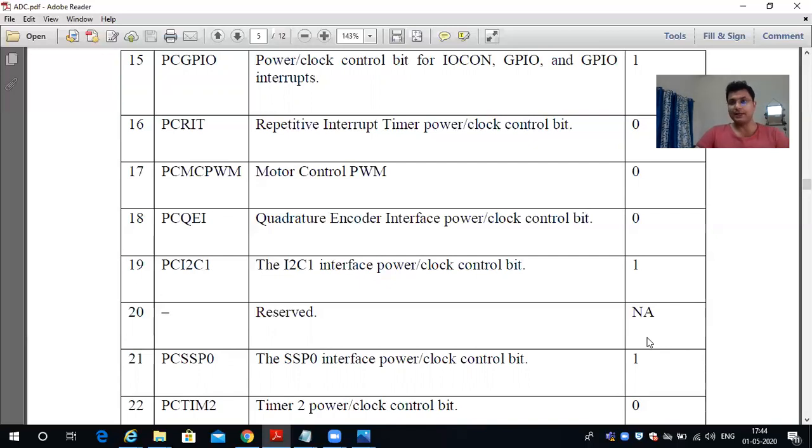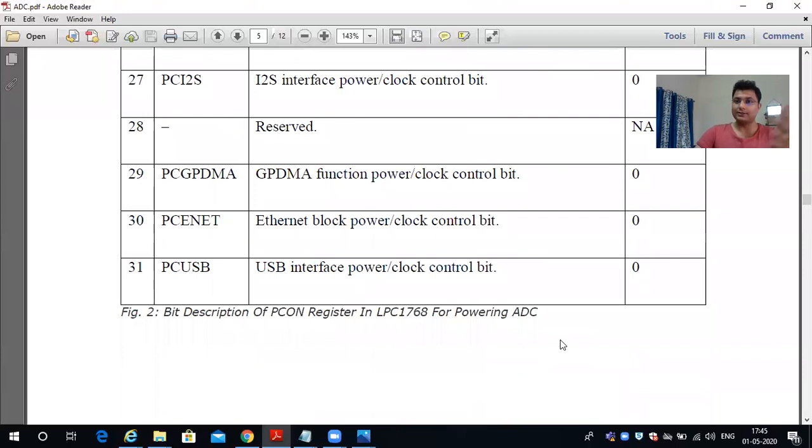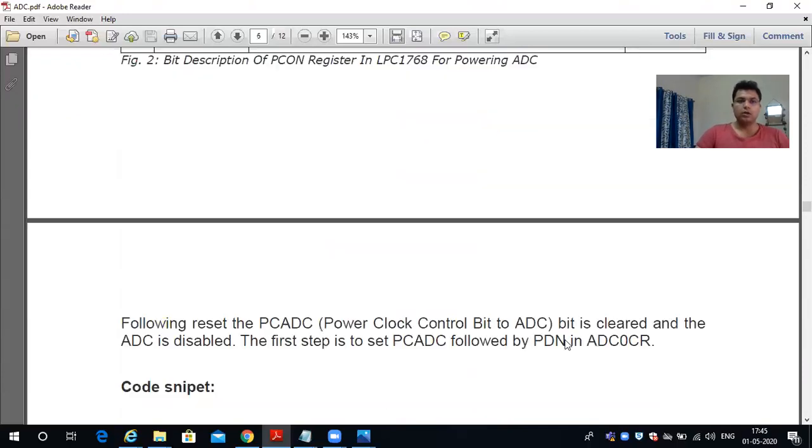There are 2 PCLK select registers, PCLK select register 0 and PCLK select register 1. We will see now, because this is also a peripheral module, it also needs to select its peripheral clock in relation to the core clock.